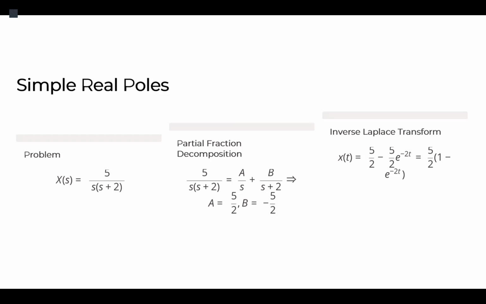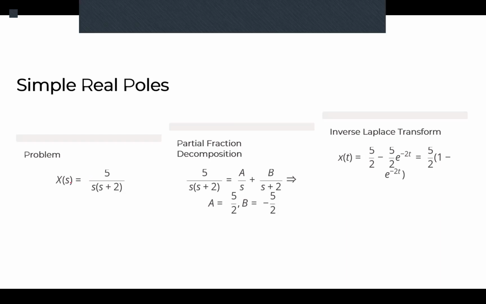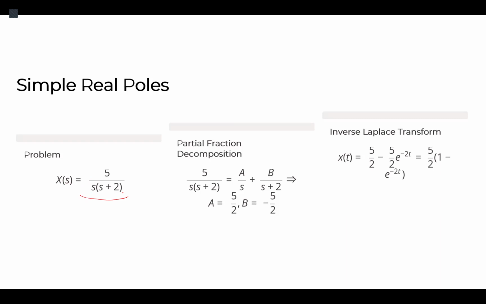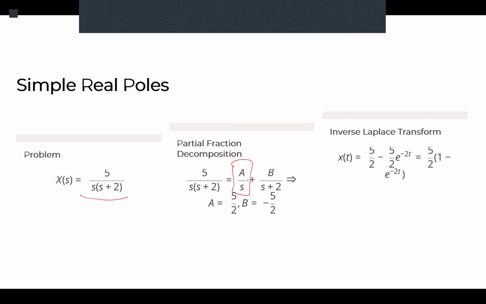Okay? We already know, if we have X of s as 5 over s times (s plus 2), since we have two terms in our denominator, we have to split them up. So we have to make it a term with s in the denominator and another term with s plus 2 in the denominator.